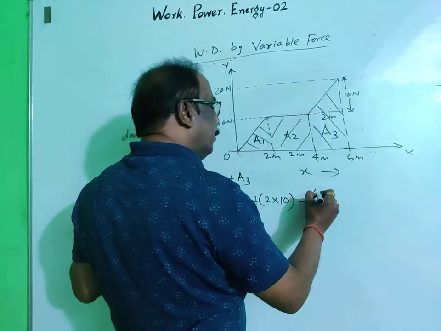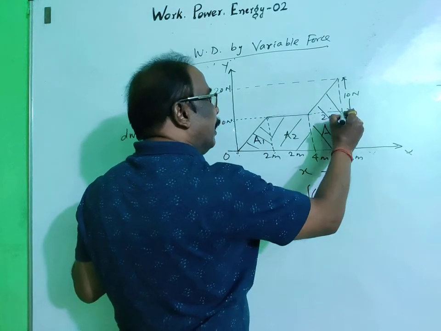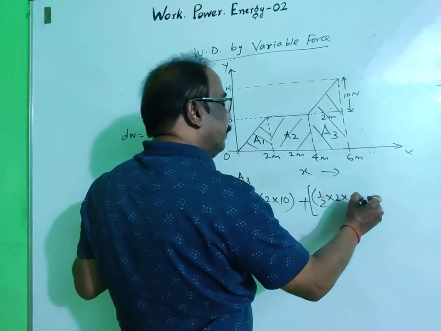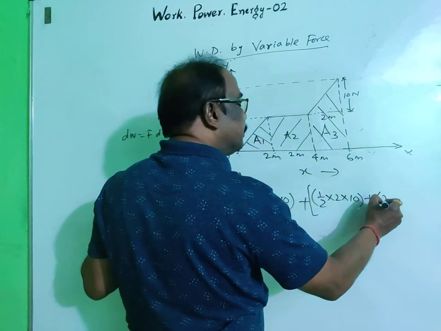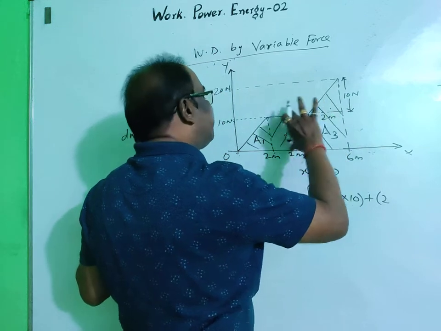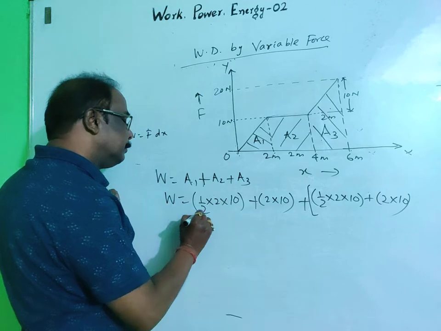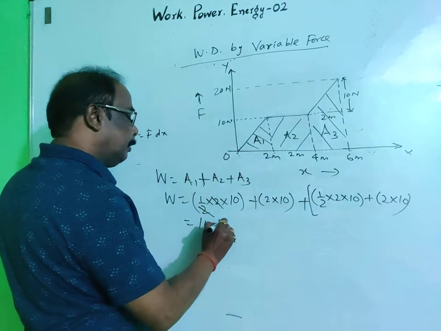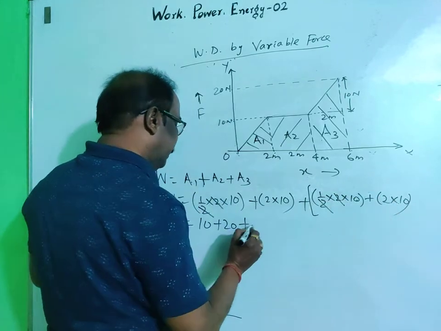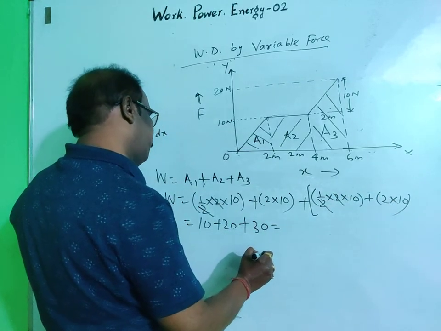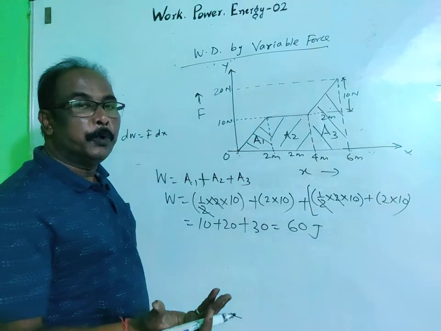Area of triangle is half, base is 2, height is 10, plus area of rectangle. Base from 4 meter to 6 meter is 2 and height is 10 Newton, 2 into 10. Now calculate total work. 10 plus 20 plus 10 plus 20, 60. Then this comes 60 Newton into meter means joule.